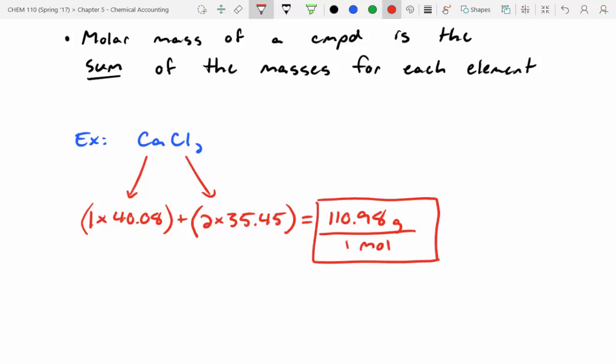So it's not too bad. The big thing you have to remember is to multiply the number of atoms in the molecule. So for chlorine, we had to include that too because we've got 2 chlorines in that molecule. Does that make sense? Let's try a harder one.